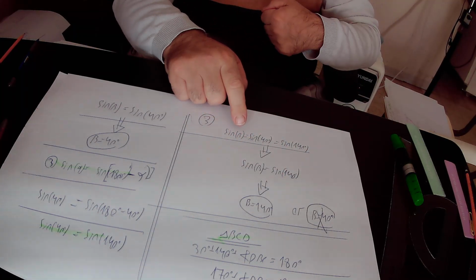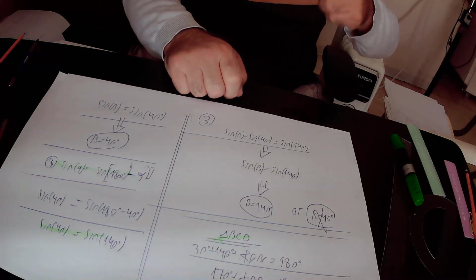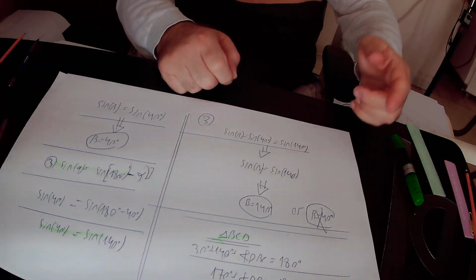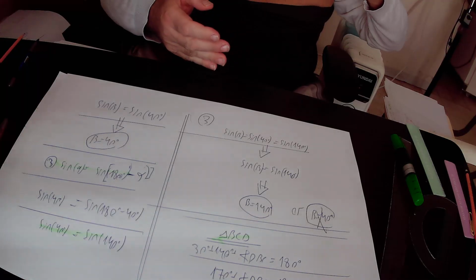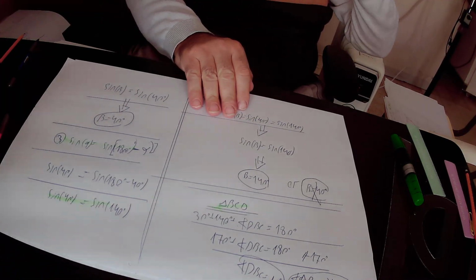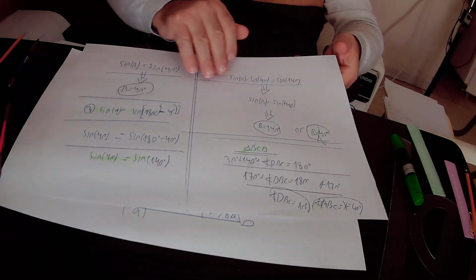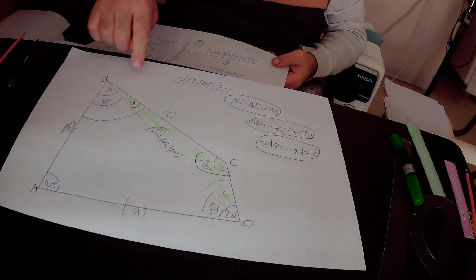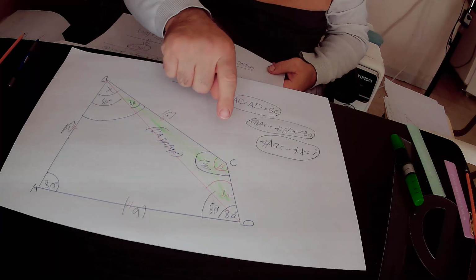This is the second solution for beta, while according to the first solution, beta equals 40 degrees. So we have two solutions: beta could be equal to either 40 degrees or 140 degrees. But if we focus on our drawing, in this green triangle BCD, this is angle beta.